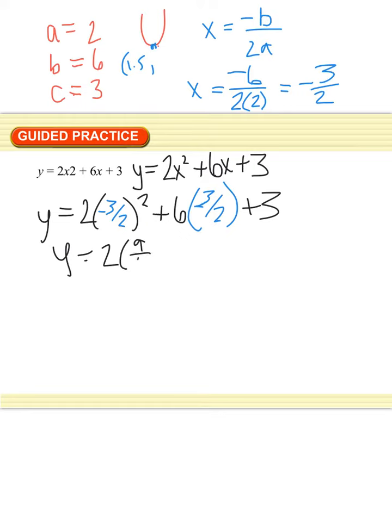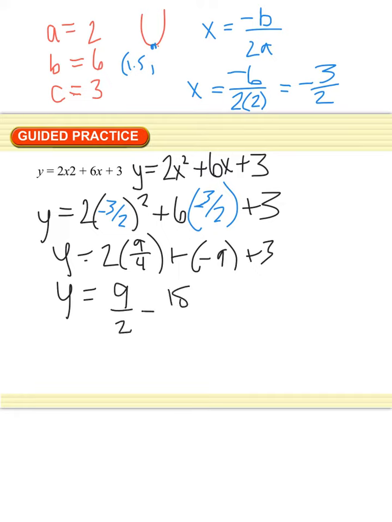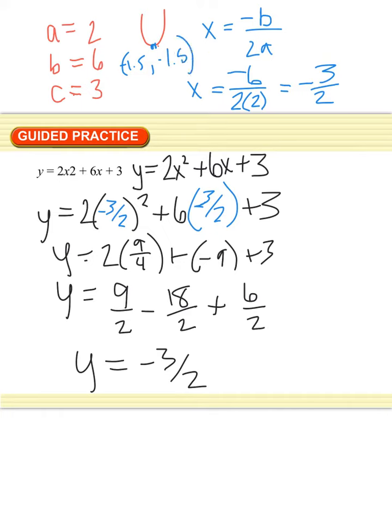So we have 2 times 9/4 plus negative 9 plus 3. And we just keep simplifying. So we get 9 halves minus 18 halves plus 6 halves, which leaves us with negative 3 halves. So now I have the y value of my vertex, which is also negative 1/2.